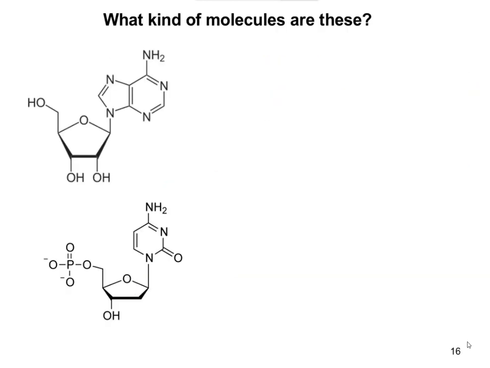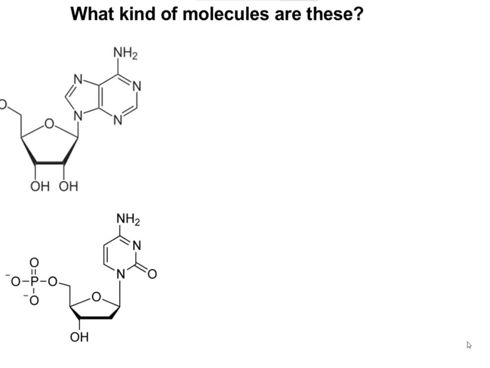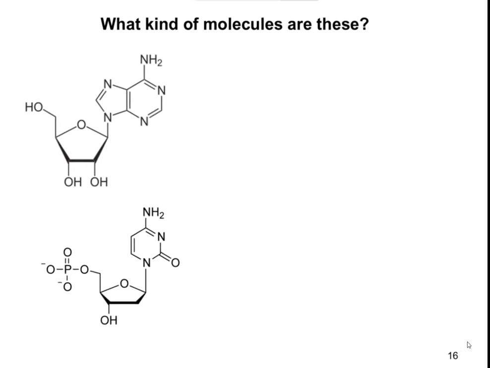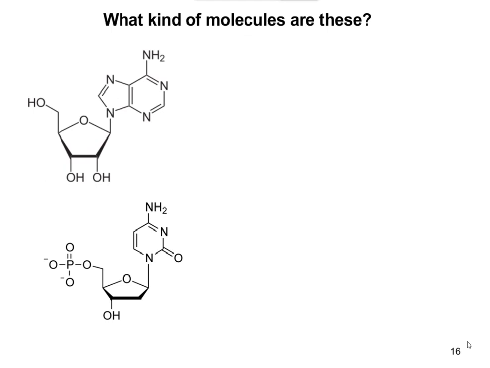All right, so in terms of doing some problems like this and naming the molecules, what can we say about this first one? So the first one, we can look at it and say that this is going to be a nucleoside. And I know that because there's a base and a sugar, and there is no phosphate.